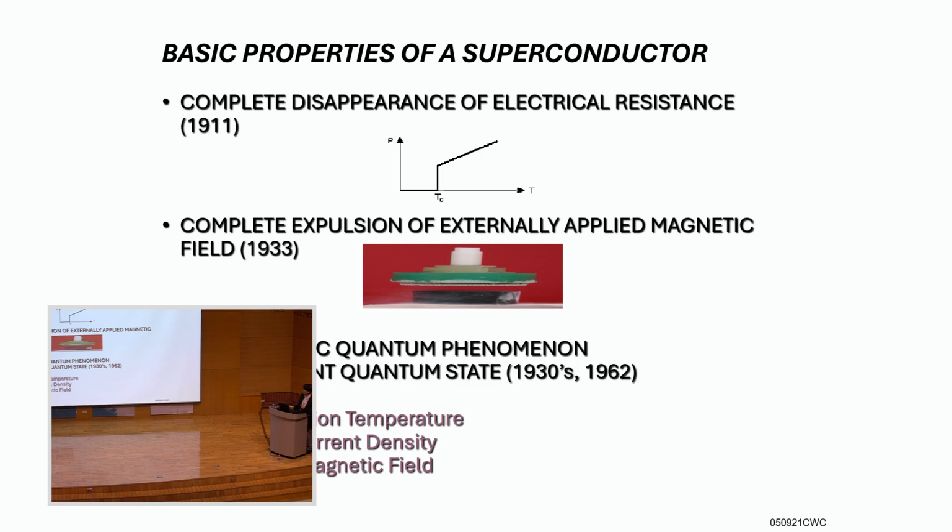And then the third one was discovered later on, in 1962, particularly the Josephson junction. Brian Josephson basically said that the superconductivity phenomenon is a macroscopic quantum phenomenon.